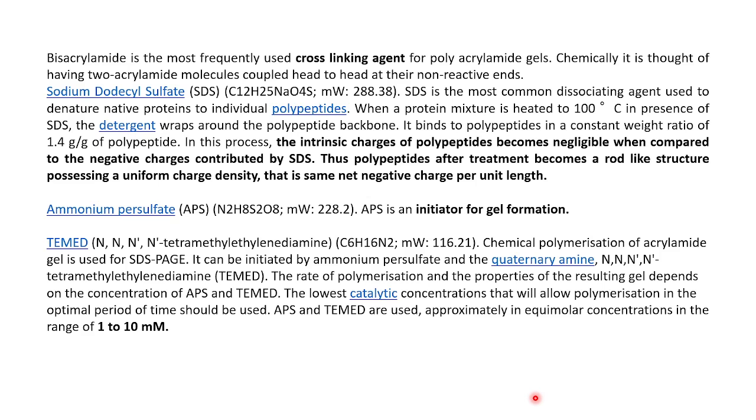That's majorly contributed by this SDS. These polypeptides after treatment become rod-like structures possessing uniform charge density with the same negative charge per unit length.